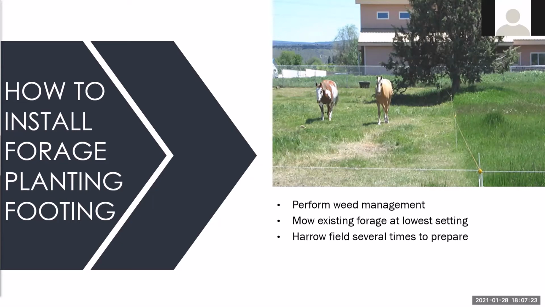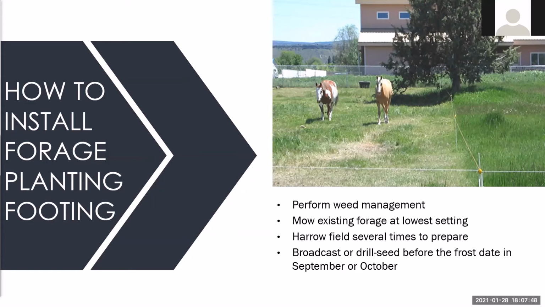Typically we want to harrow those fields several times to really scratch up the surface and expose some soil that the seed can have direct contact with, and break up any clumps of manure on the surface. Then we would broadcast or drill seed there. Typically we do this in the early fall in our climate, before the frost date.